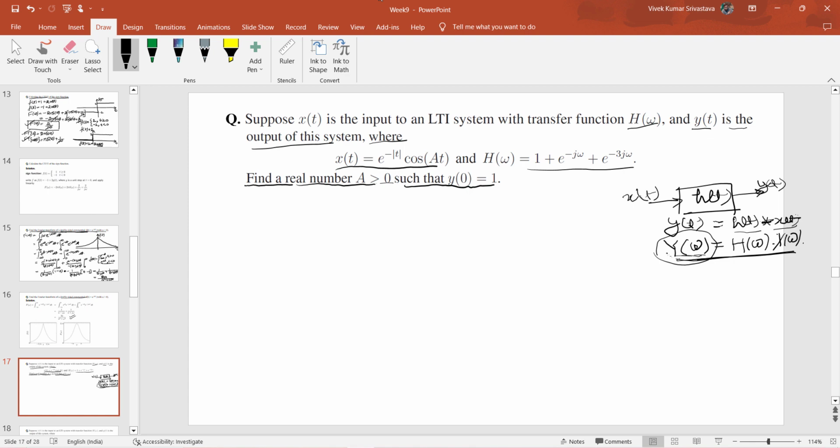So I will use this method. From here we can say that y of omega is written as h of omega into x of omega.